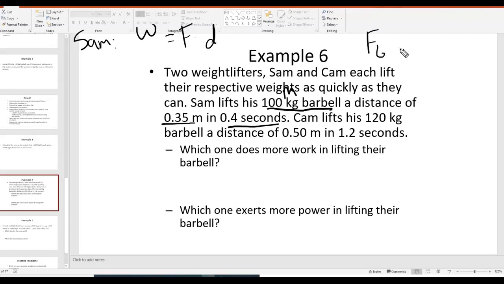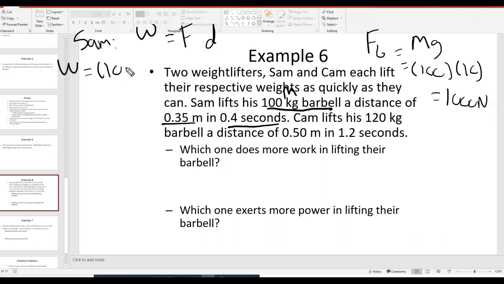The force of gravity for Sam's barbell would be mg, that would be 100 times 10, which would be 1000 newtons. So for Sam, his work would be equal to 1000, not 100, 1000 times the distance of 0.35. So Sam, when he lifts his barbell up, does work equal to 350 joules.